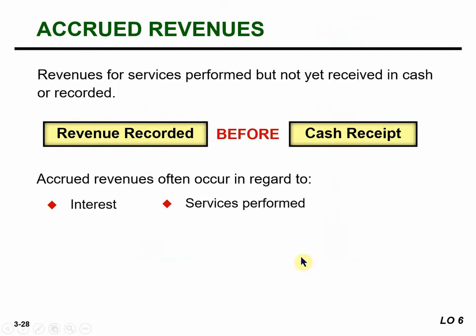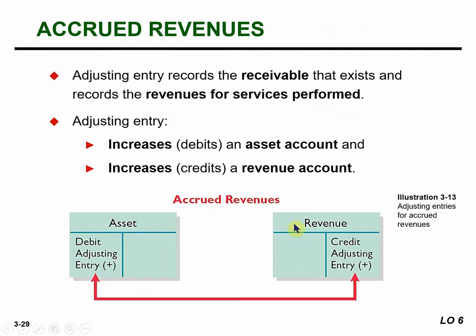So in this case we have a revenue, or we have a service provided to the customer, but it's not recorded or received yet. So what should we do in the adjusting entry? Simply we will debit receivables, which is an asset account, and we will credit a revenue account.